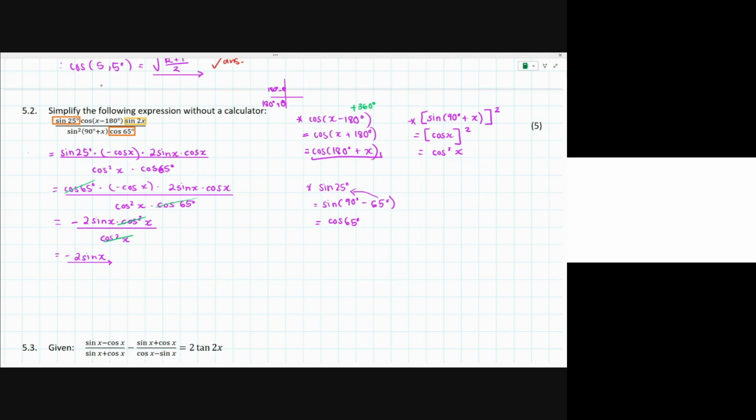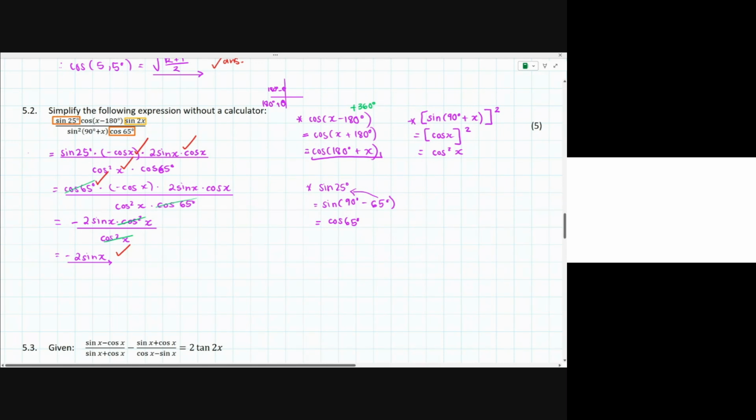All right, so in terms of your mark allocation here, 4 of the 5 marks are going to be for your reductions and your co-ratios and all of that. So a mark for the co-ratio, a mark for the reduction of x minus 180, a mark for your double angle expansion, that's already 3 of your 5 marks, a mark for dealing with that sine squared of 90 plus in your denominator, so getting the cos squared x, and then a mark for your answer.